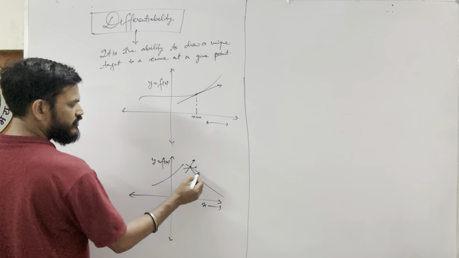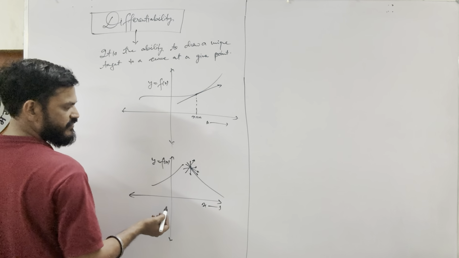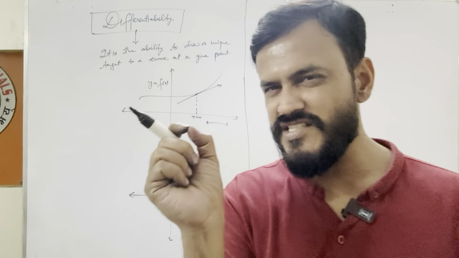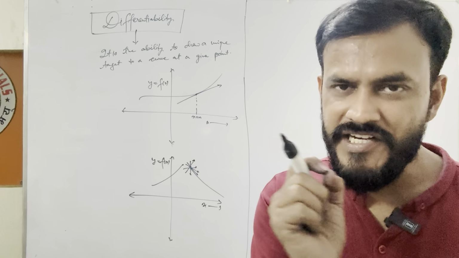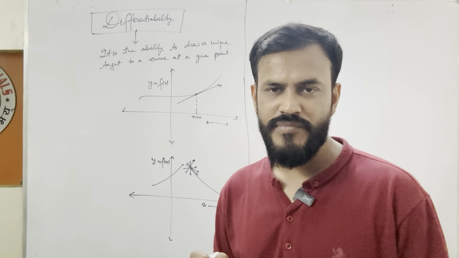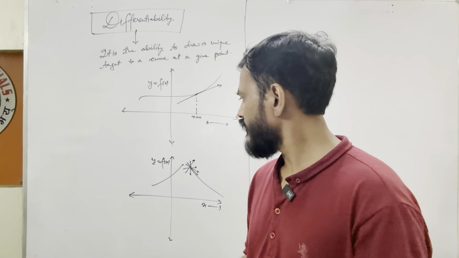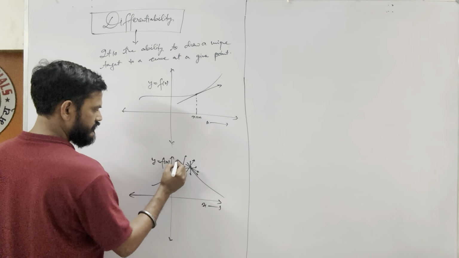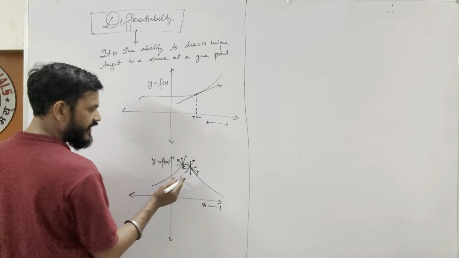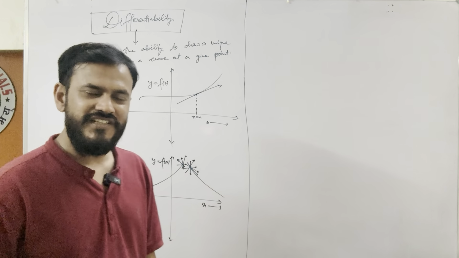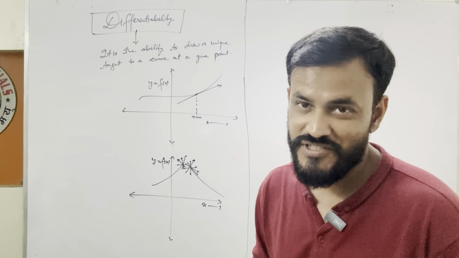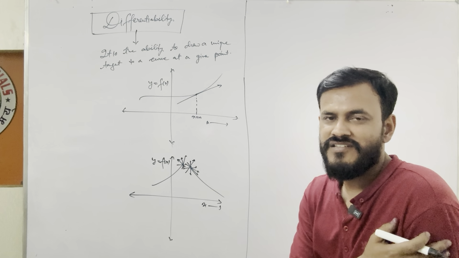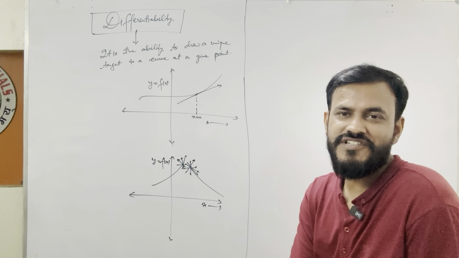We will be able to draw n number of tangents at this point, because that point is just a dot, a point, and infinite lines can pass through a point. Same here. Hence, at the point of discontinuity, the function is also not differentiable. So, if a function is discontinuous, it is also not differentiable.